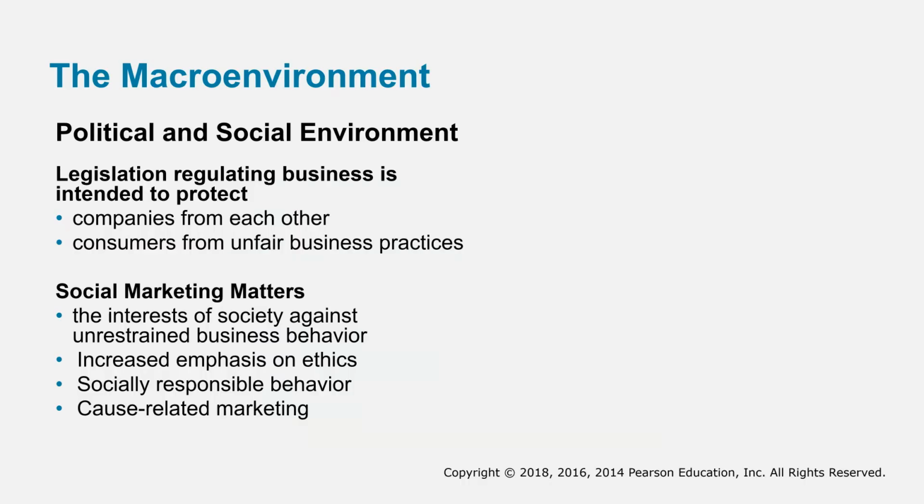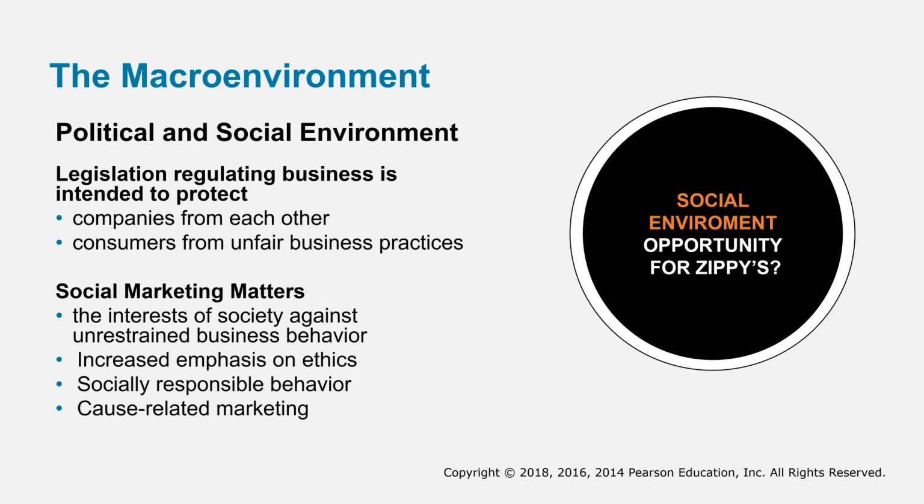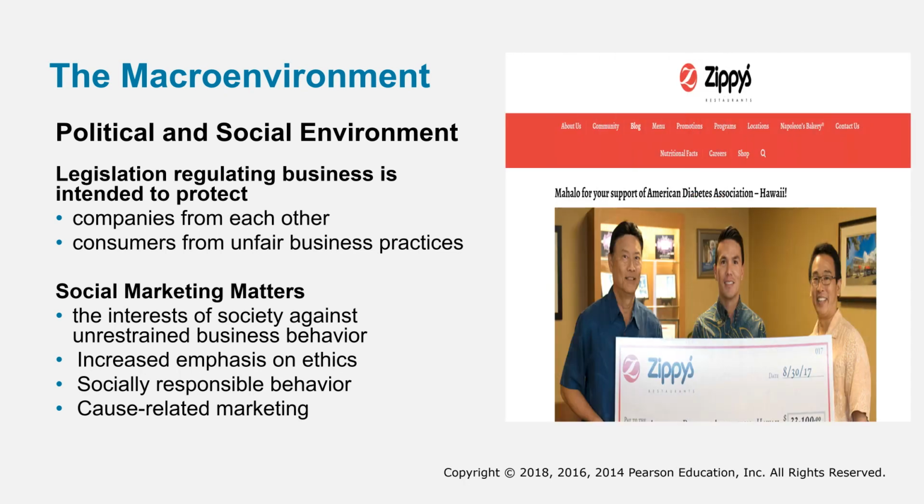Let's take a look at the political and social environment. So legislation and social marketing matters. Your interest in society and legislation are key, and that's because you're becoming proactive. This is where Zippies can do a lot of marketing, and they do a great job at that. They are really, really focused on legislation and creating social relationships with our community.